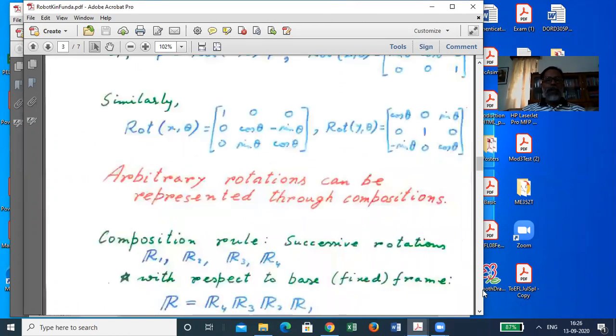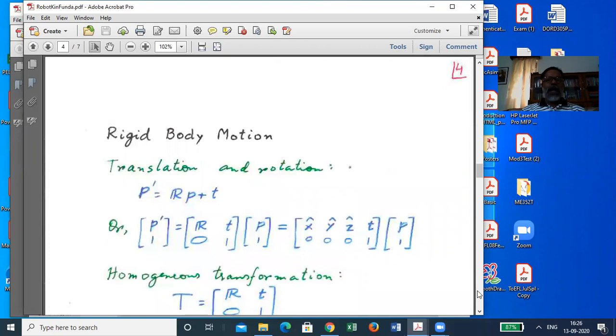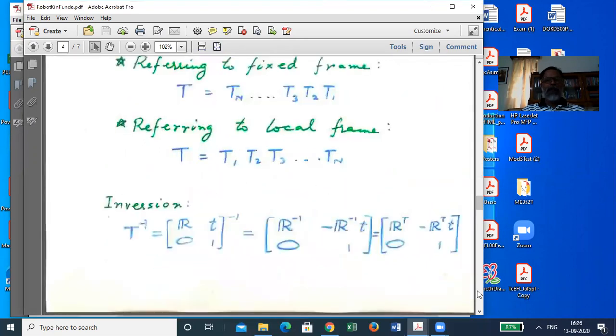In between, we took a break and discussed the different 3D rotation representations. And on the way, we discussed the composition rules of successive rotations and therefore successive rigid body transformations and their inverses also. Fine.